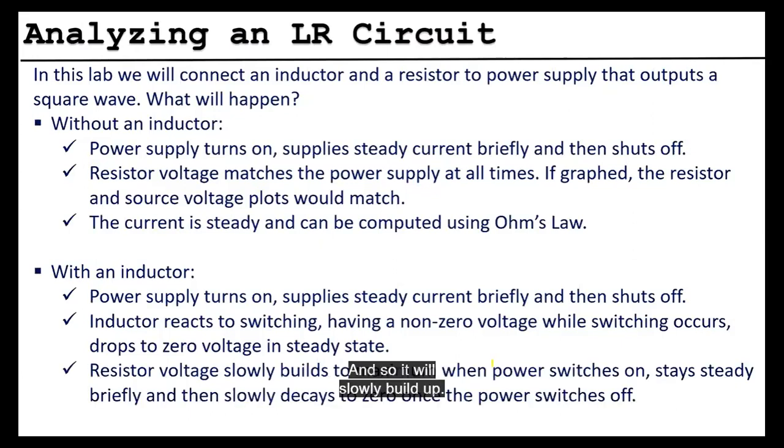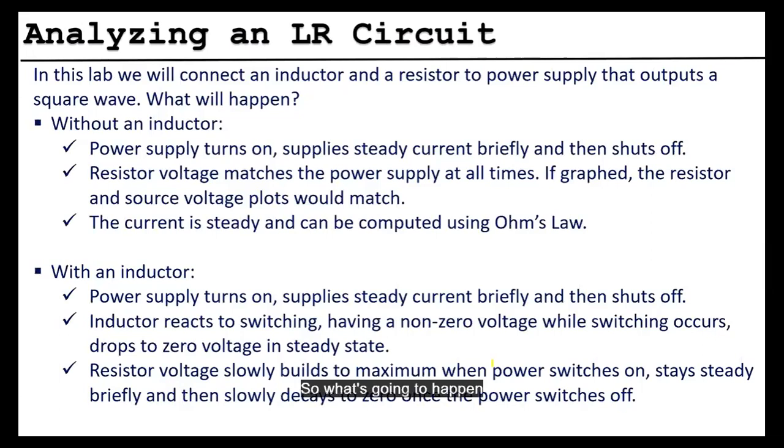And so it will slowly build up. And then when you get to steady state, the inductor will have no voltage across it, and the resistor will have its maximum voltage. Then it will switch off, and when it switches off, the inductor will again have a high voltage across it, and the resistor will lose volts.